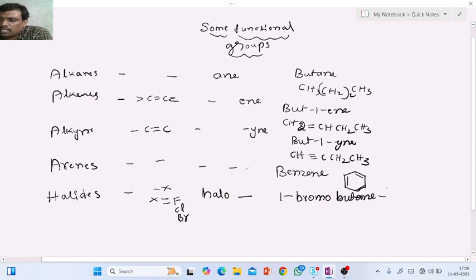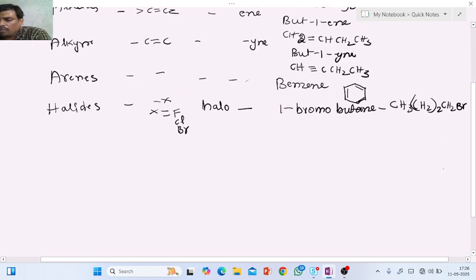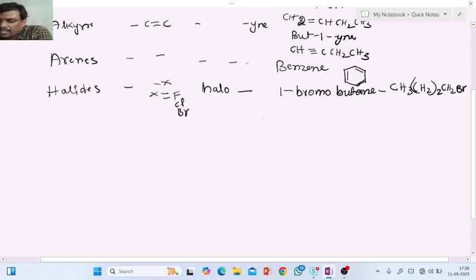How does 1-bromobutane look? CH3, CH2 twice, and CH2 bromine. That is 1-bromobutane. After halides, let us take alcohols. How do these alcohols look? If you carefully see the alcohols, the OH group is the functional group here.